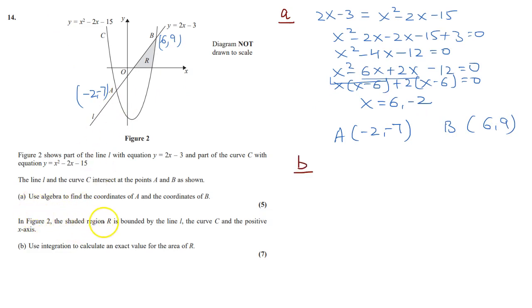In this figure, the shaded region R is bounded by the line, the curve and the x-axis. The curve, this. Use integration. Now if we have to use integration, what we can see here is this is a triangle.